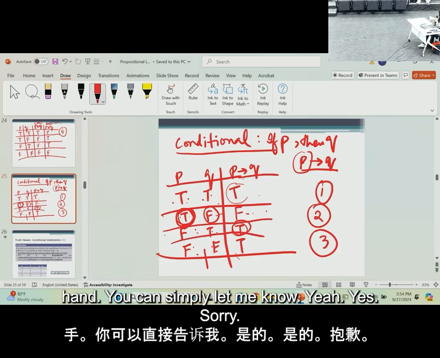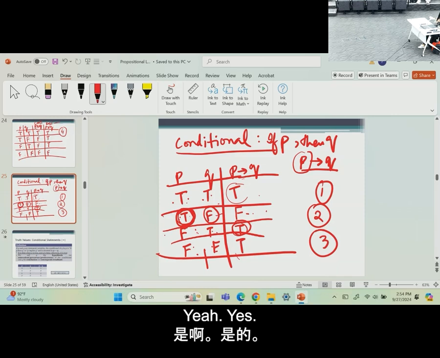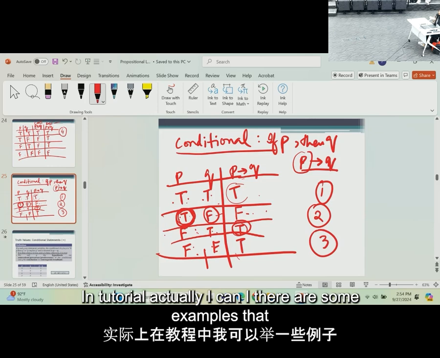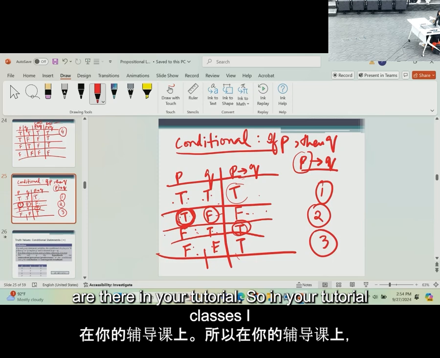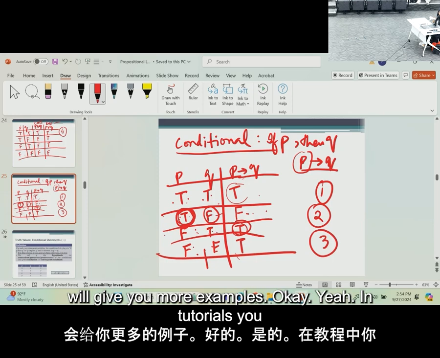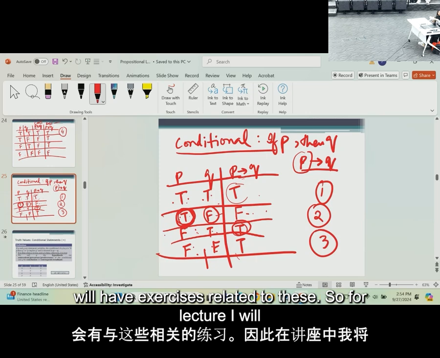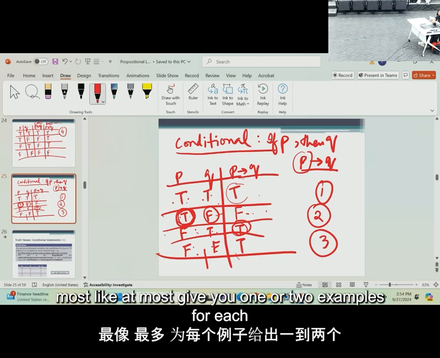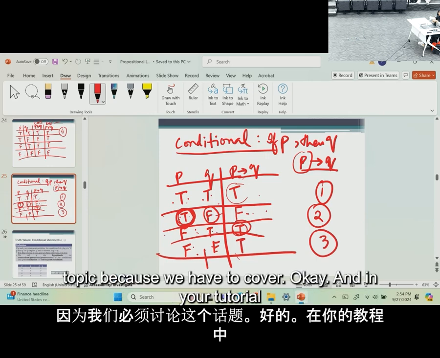Yes, sorry? In tutorial, there are some examples in your tutorial. So in your tutorial classes, I will give you more examples, okay? In tutorials, you will have exercises related to these. For lecture, I will at most give you 1 or 2 examples for each topic because we have to cover the syllabus, okay?